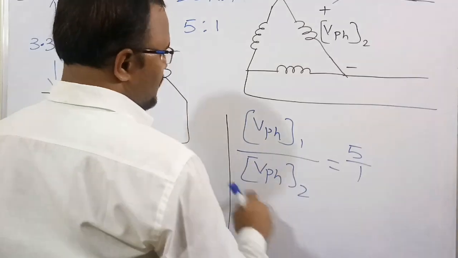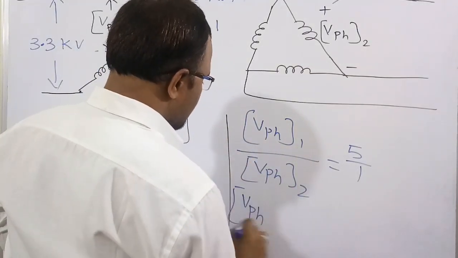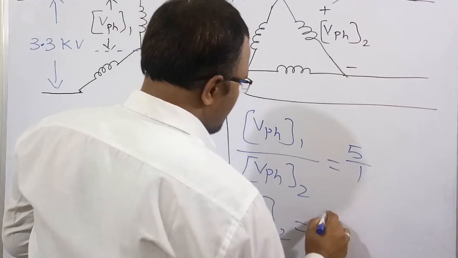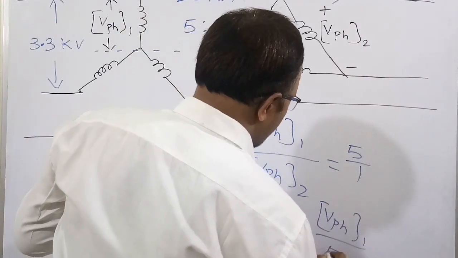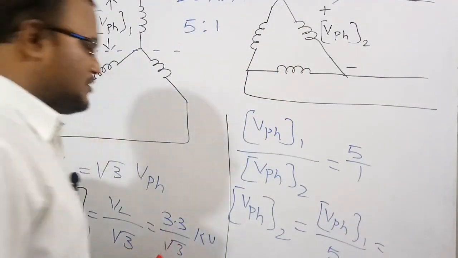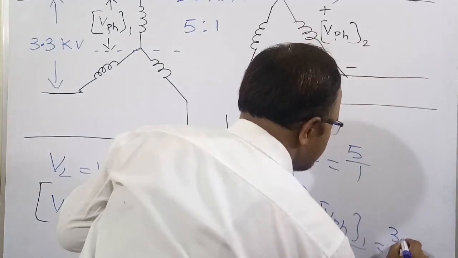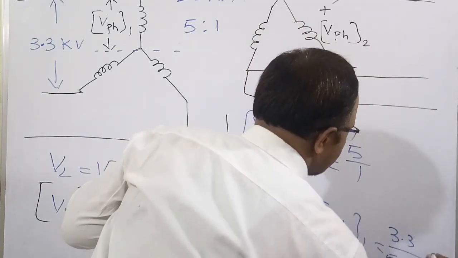We need VPH2, right? So the phase voltage of the delta connection is VPH1 by 5. Now VPH1 we know is 3.3 by root 3 kV. So now we get 3.3 by 5 root 3 kV.